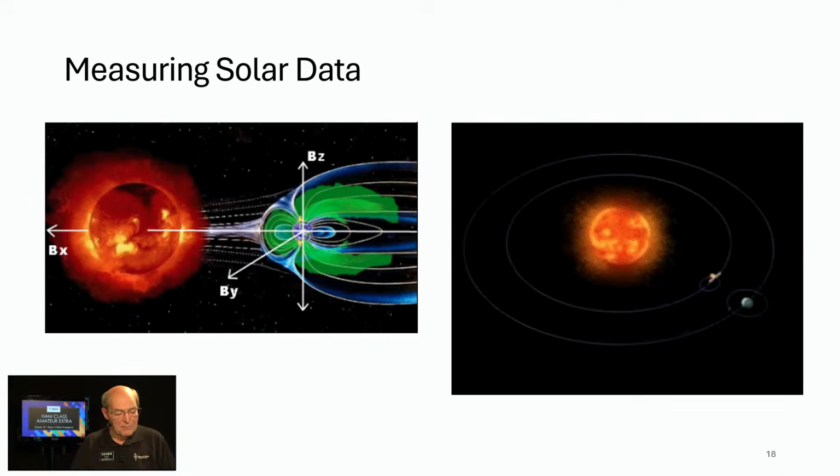Now we're going to talk about measuring solar data. Here we've got the sun, and here I mentioned B sub z, and you'll notice that this is where particles can come in at the poles of the Earth. Now, wouldn't it be nice if we had some way of predicting how solar effects were going to change propagation? Well, in the case of the solar wind, we actually do.